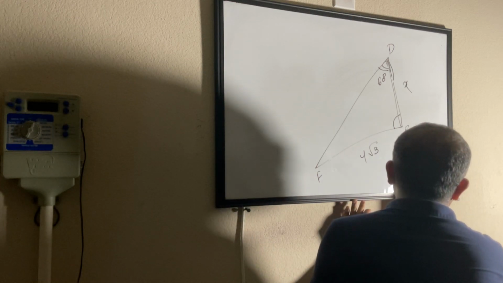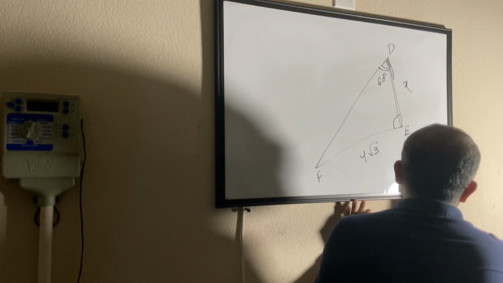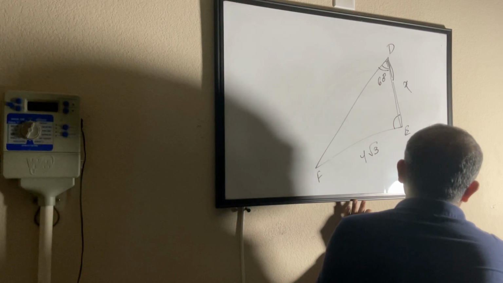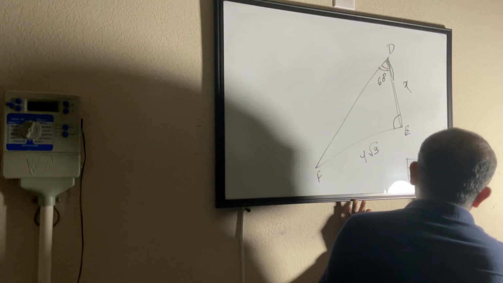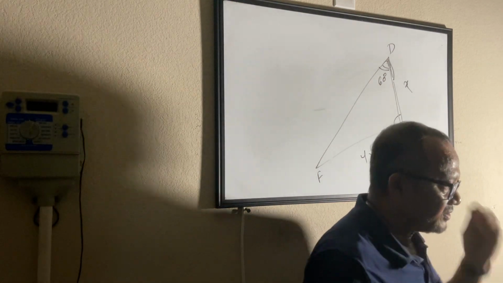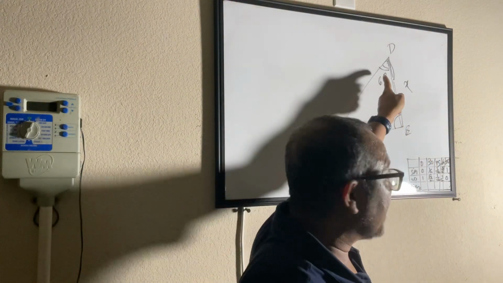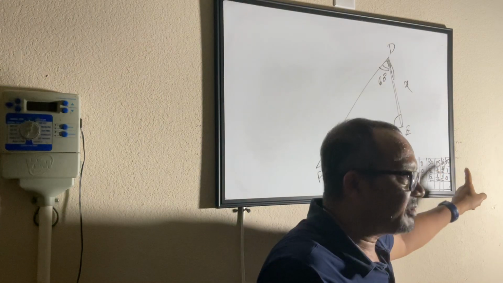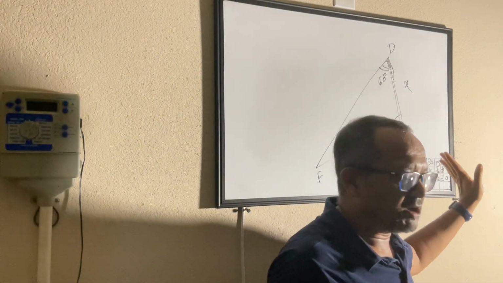Sine, cos, tan. 0, 1 by 2, 1 by root 2, root 3 by 2, 1; and then root 3 by 2, 1 by root 2, 1 by 2, 0. Anyway, you guys can figure out. Now you have an angle that is coming from your memory itself.